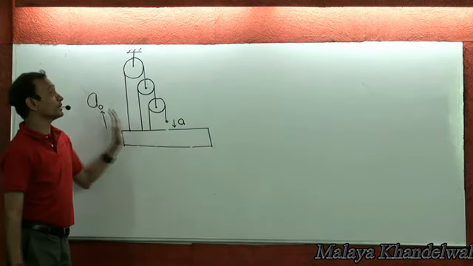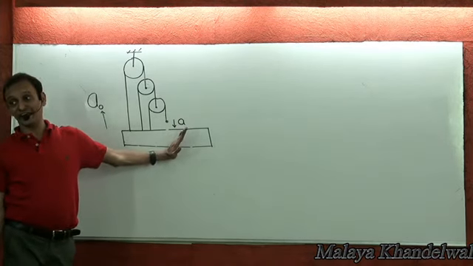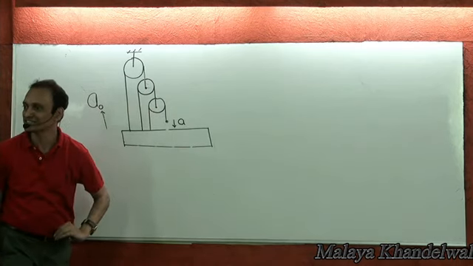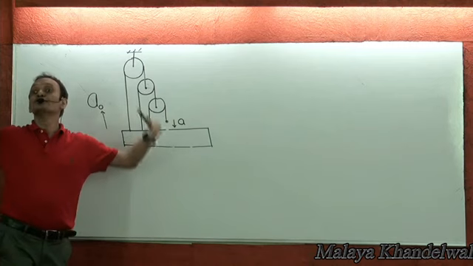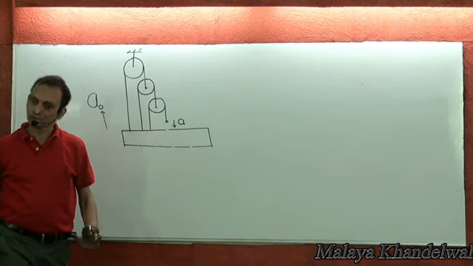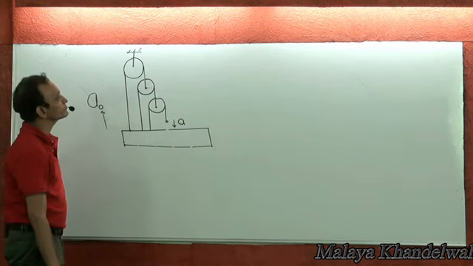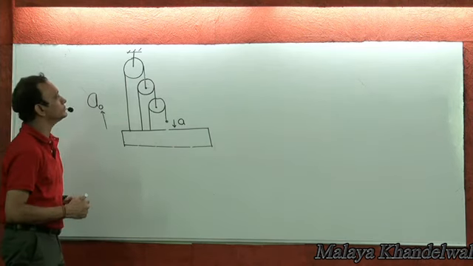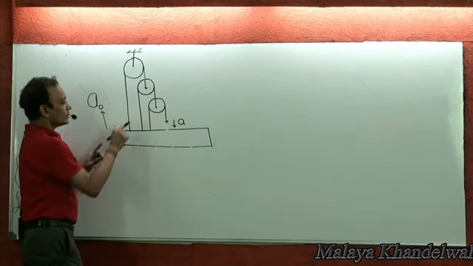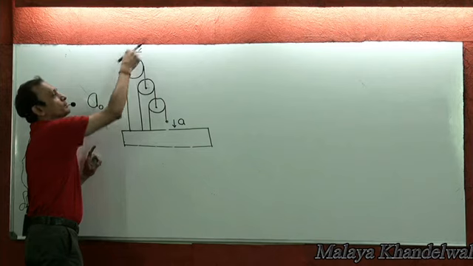I want to find a relationship between A0 and A. There are multiple pulleys and multiple strings here, and I would have to write the string constraint for each string. Now, let me look at this top pulley.